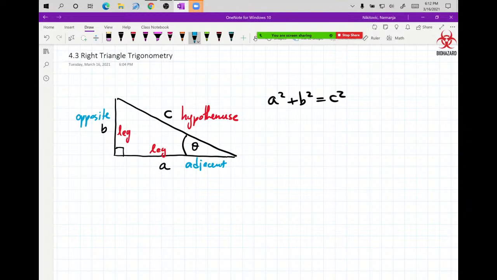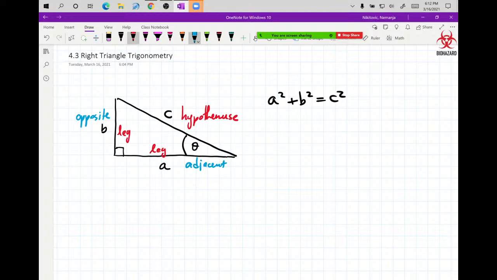So opposite side, adjacent side, and then hypotenuse will stay hypotenuse because it has a unique name anyway. So now we can define these trigonometric values, which are actually ratios of the sides.